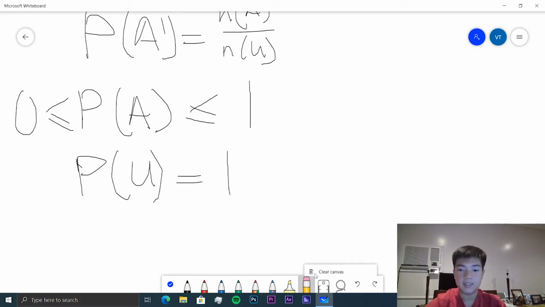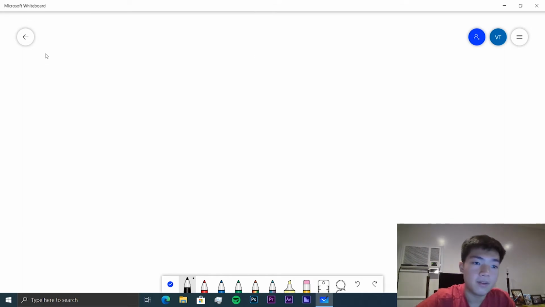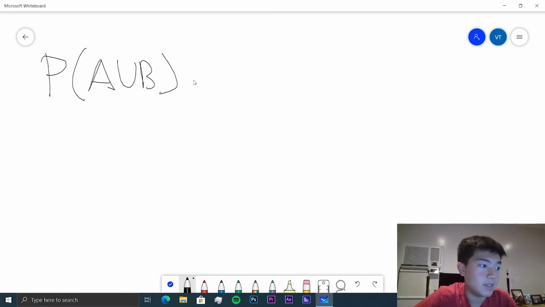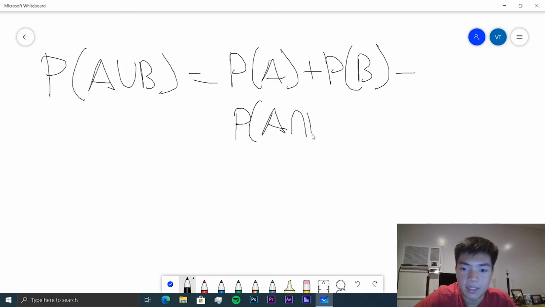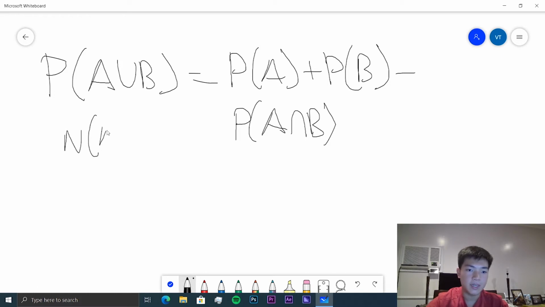Okay, next, if we have the probability of A union B, this is equal to the probability of A plus the probability of B minus the probability of A intersection B. And if we think about this, what this means is that this is equal to the number of terms in A union B divided by the number of terms in the universal set.